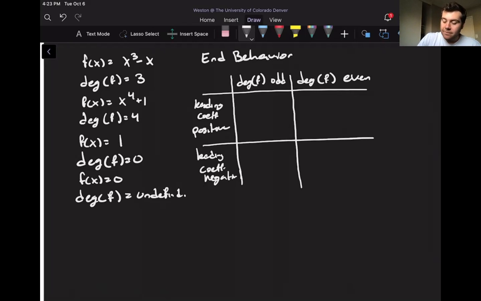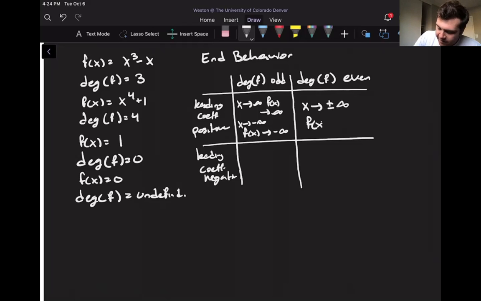So if the leading coefficient is positive, then as x goes to infinity, f of x goes to infinity, and as x goes to negative infinity, f of x goes to negative infinity. If it's even, then as x goes to either one, the function goes to infinity.